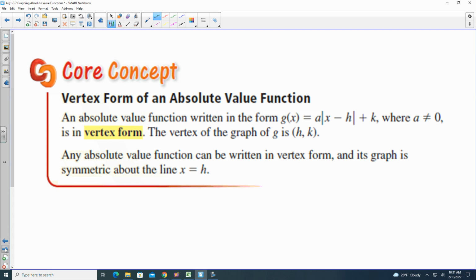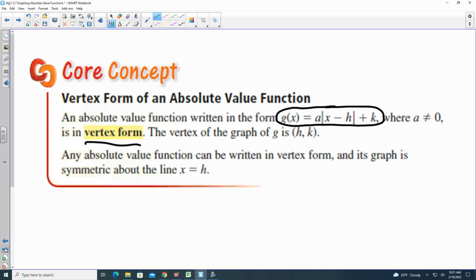When we write an absolute value function in standard form, more specifically, they call it vertex form, this is how it looks. They have it here, it says g of x is equal to a times the absolute value of x minus h plus k.